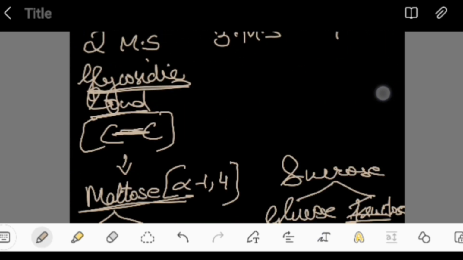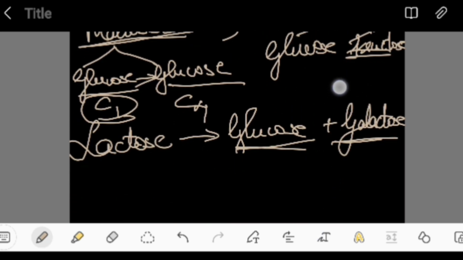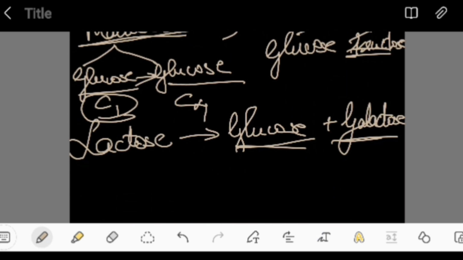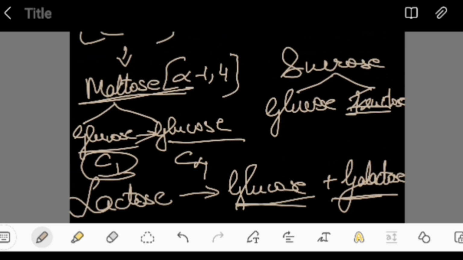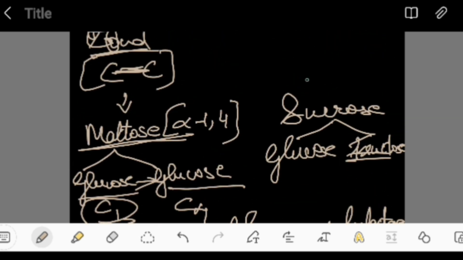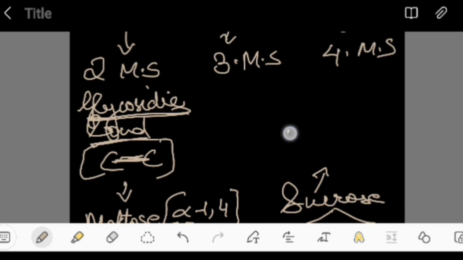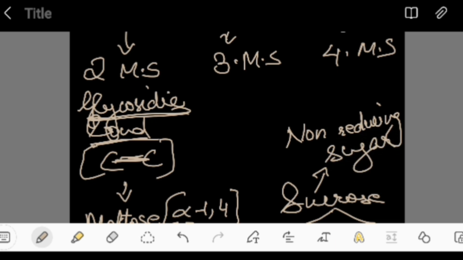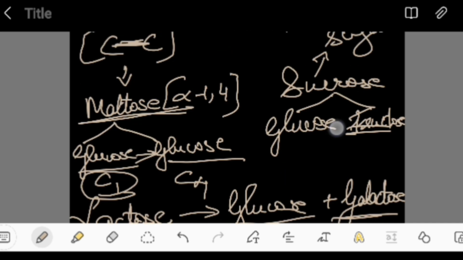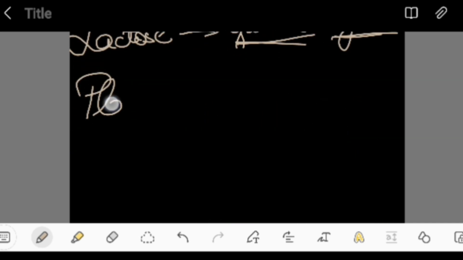Now, lactose is glucose and galactose. Sucrose is glucose and fructose. Now the sucrose is a non-reducing sugar. Just remember that point. The reason and all you studied in chemistry, I am not repeating it here. It is a non-reducing sugar, and therefore it is the main transporting form of carbohydrate in plants.